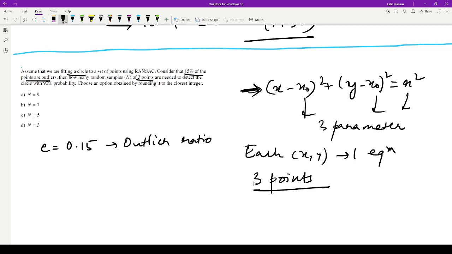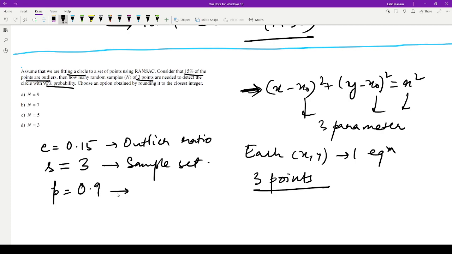That means the sample set will consist of 3 points, so our S is 3. How many samples are needed to detect the circle with 90% probability? So this probability is 0.9, which is the accuracy required.